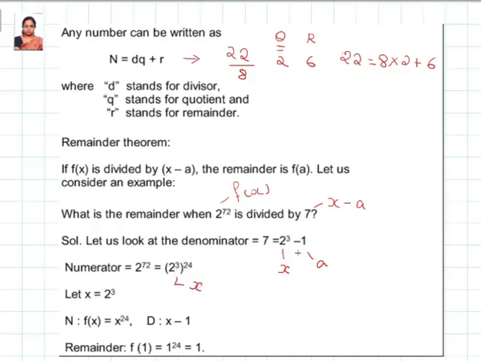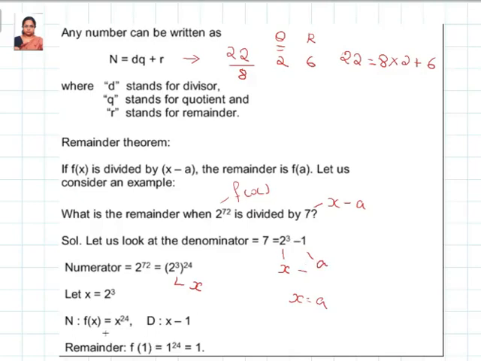And also we know that this is x minus a, 2 power 3 minus 1. In that case, we have to substitute x is equal to a. So x is equal to a means 2 power 3 has to be substituted as 1.